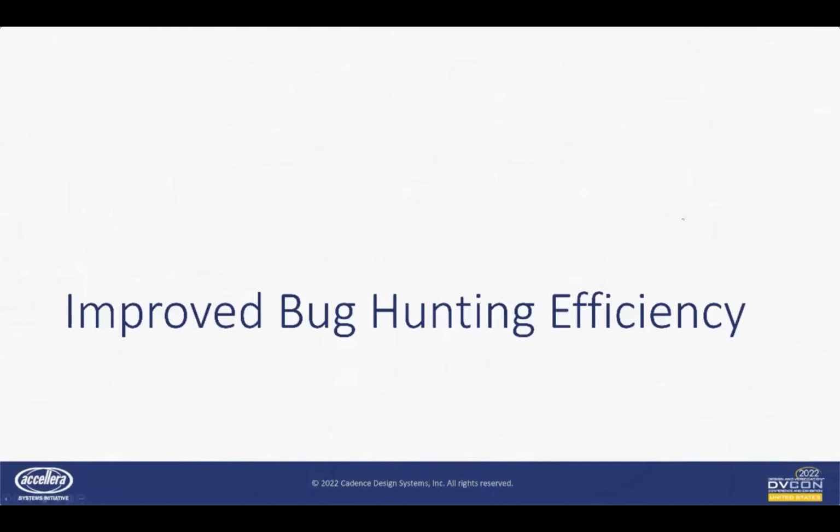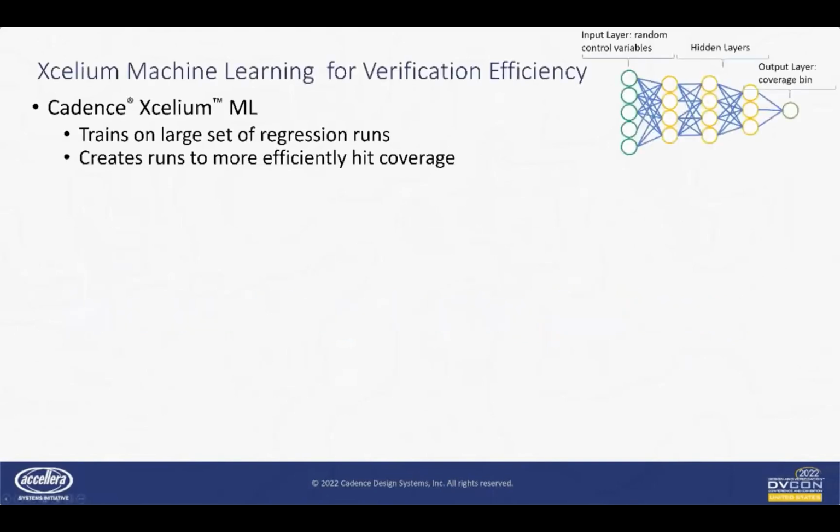And so today, I want to talk about a specific aspect of Xcelium machine learning. But first, to get started, I want to talk about what Xcelium machine learning is for those who may not be aware. So what Xcelium machine learning is, it's a tool that trains a network on a large set of regression runs.